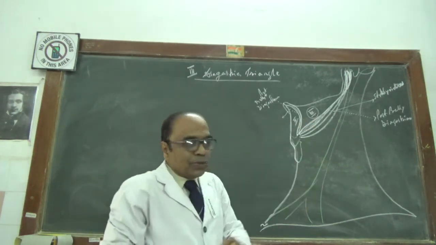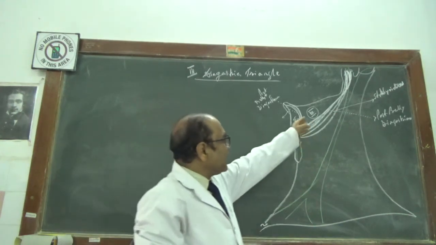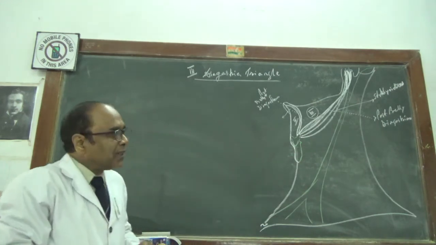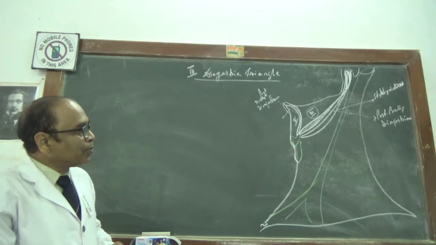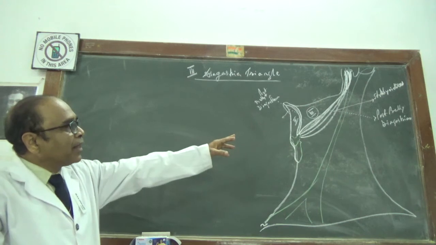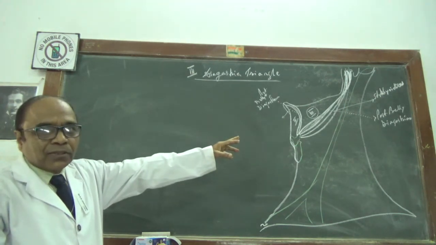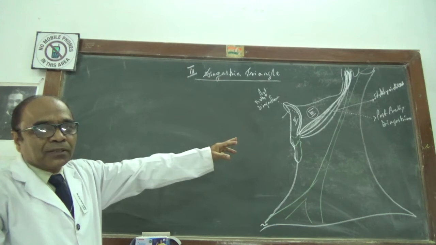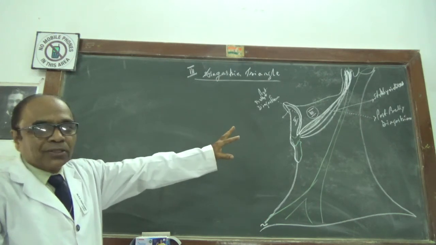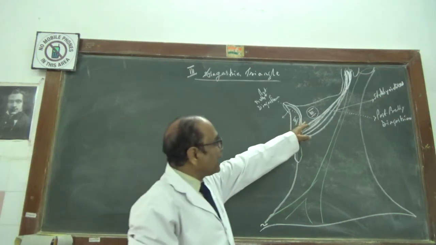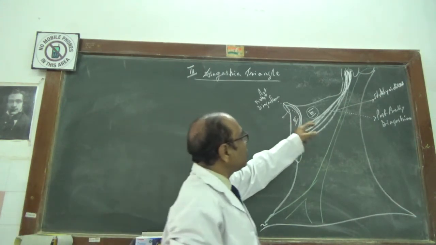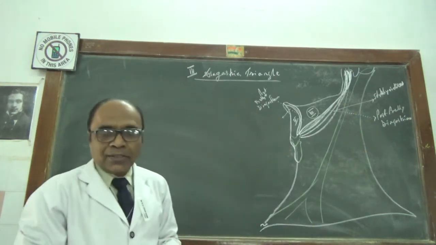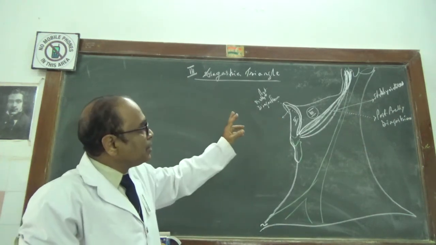So now coming to the digastric triangle. The digastric triangle is a triangle present in the anterior triangle of the neck on the lateral aspect of the neck region or the cervical region. It is called the digastric triangle because it is present between the two bellies of the digastric, hence the name.